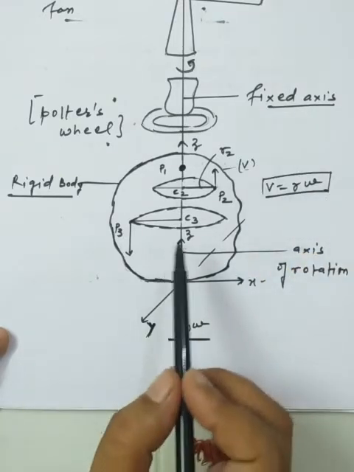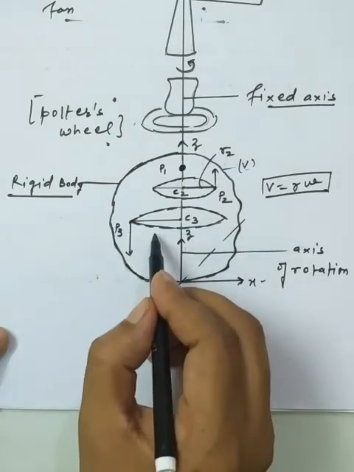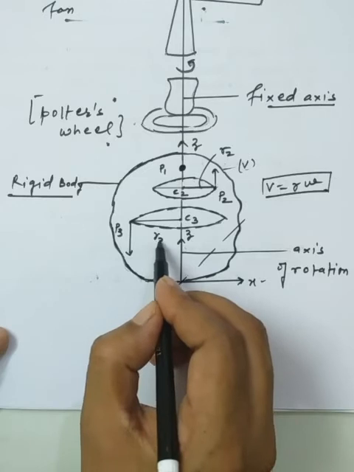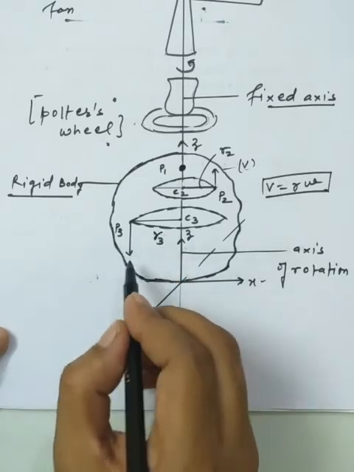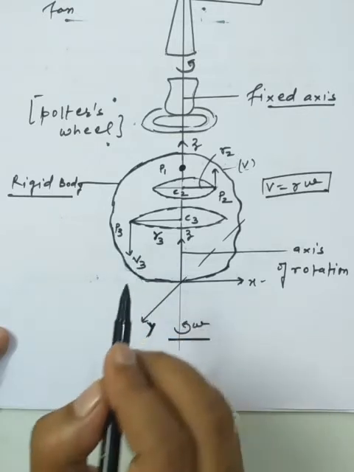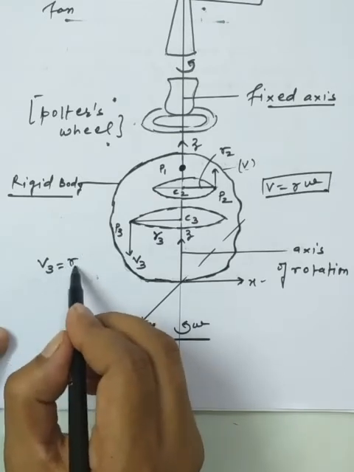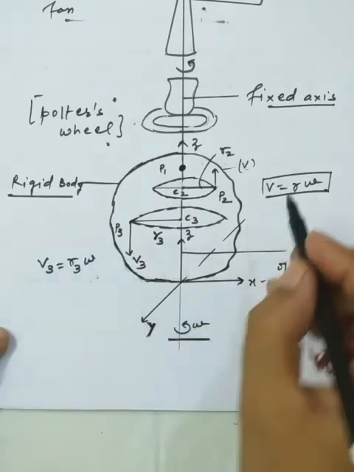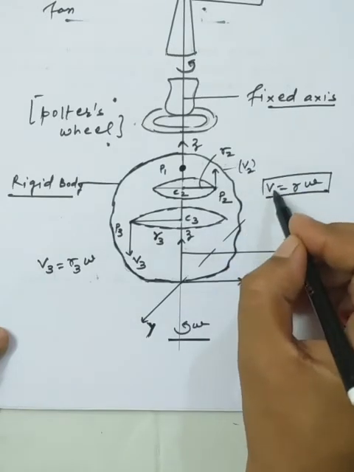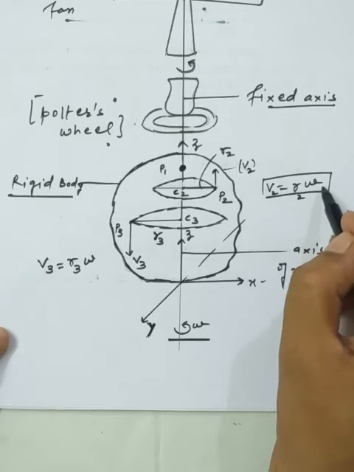Now, as particle 3 has a different radius of circle, called r3, it moves along the rim, the circular portion, with velocity v3. So here we can assume that v3 is equal to r3 omega. Similarly, the velocity v2 corresponds to the radius r2 and the omega, which is constant.